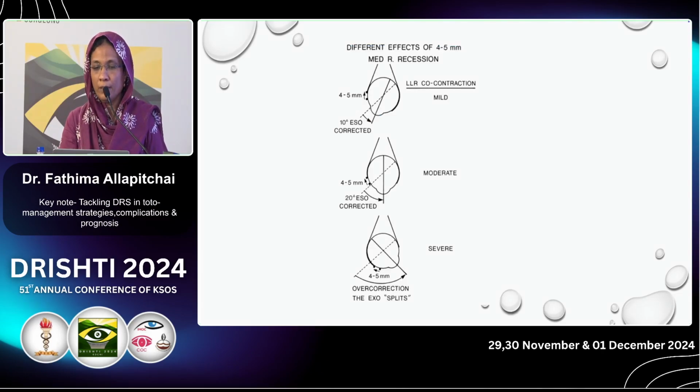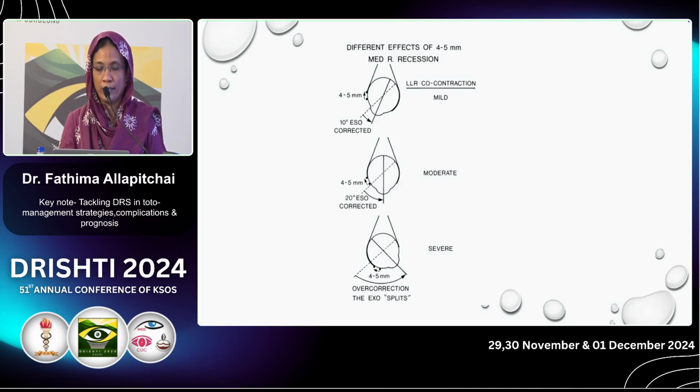So whenever we do a medial rectus recession, we should keep in mind the amount of co-contraction of the lateral rectus, because it influences in a significant way. If it is mild, only 4 to 5 millimeter recession will correct only 10 prism ESO, whereas if it is moderate, it will correct 20 prism ESO, because your lateral rectus is acting against adduction.